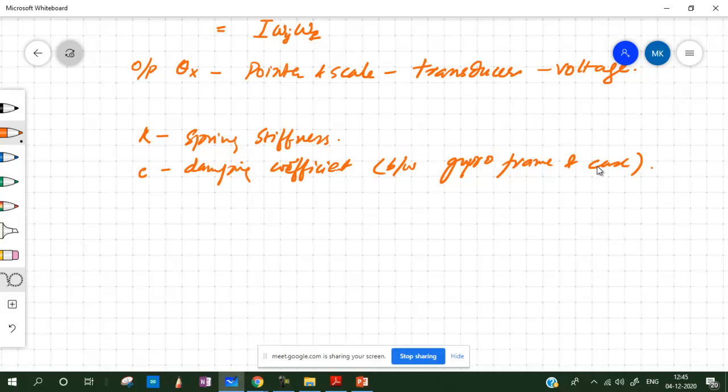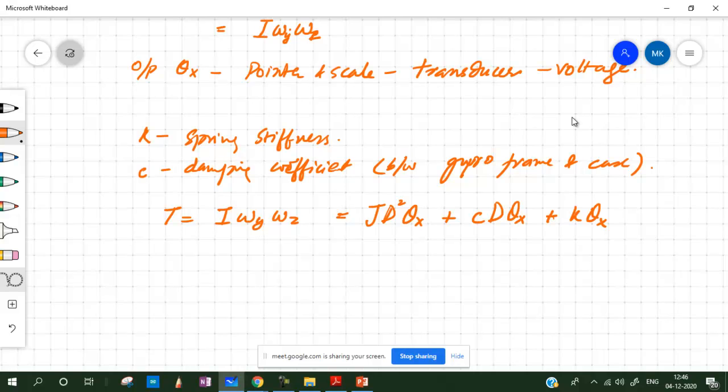So we know that T is equal to I omega y omega z. This has to be equal to J D square theta x plus C D of theta x plus K of theta x. So what is this? This is nothing but the mass spring damper equation.